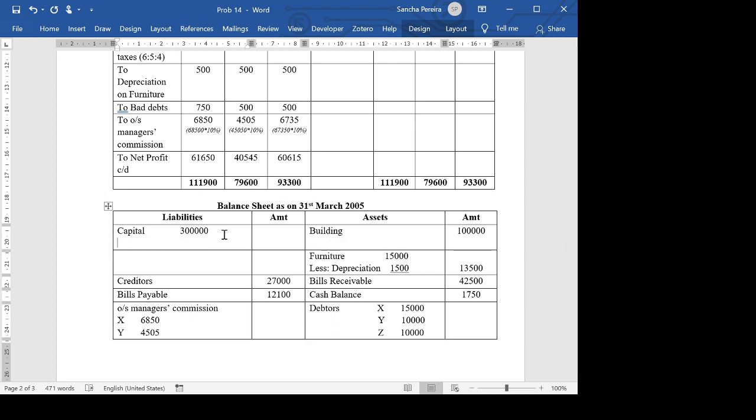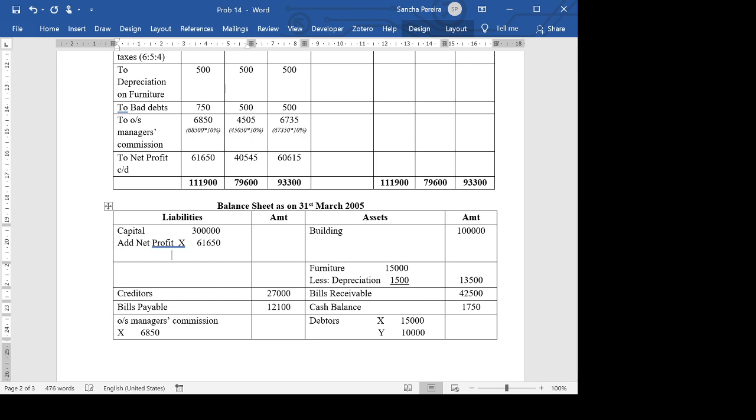So add net profit of each of the departments. X, it is 61,650. Y, it is 45,405.